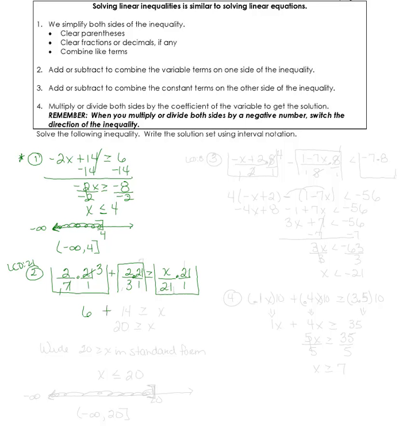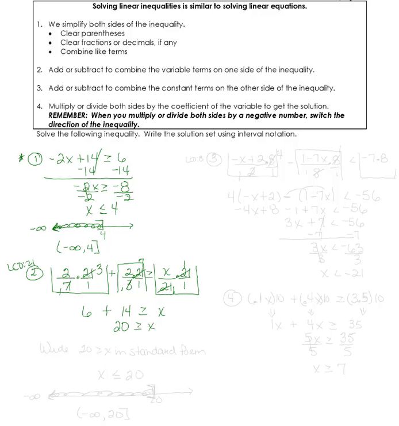Plus, 3 divides into 21 7 times. 7 times 2, we have 14, greater than or equal to x. Yes, because the 21s are going to divide out. Add 6 and 14, say 20.